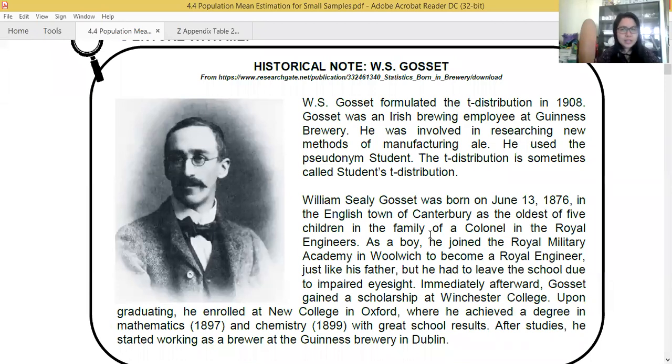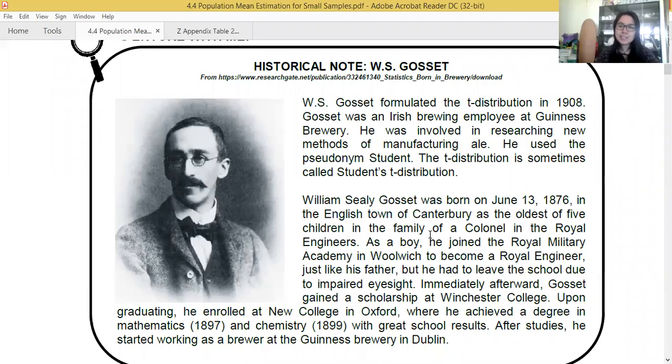During that time, people who were not in the math and physics field were not allowed to publish. So while Mr. Gossett was working as a brewer, he started to complete the t-table. Actually, the t-table is derived from the z-table, but it's more accurate for small samples.